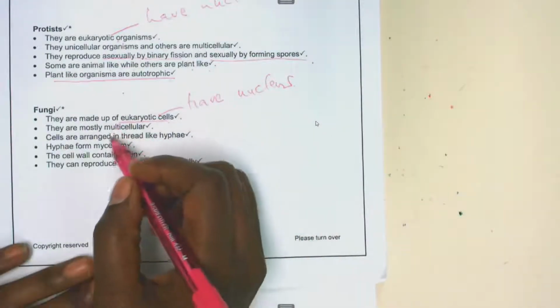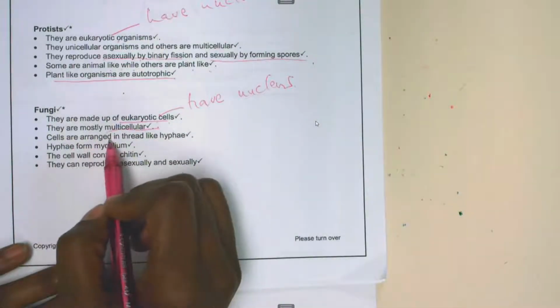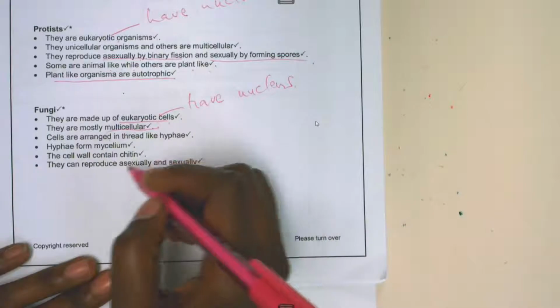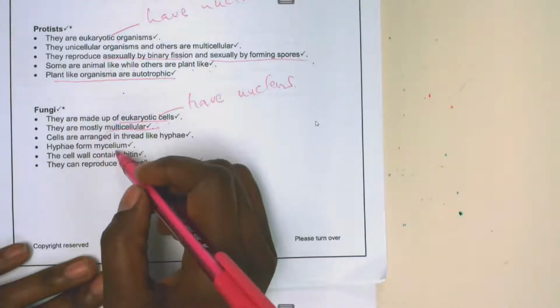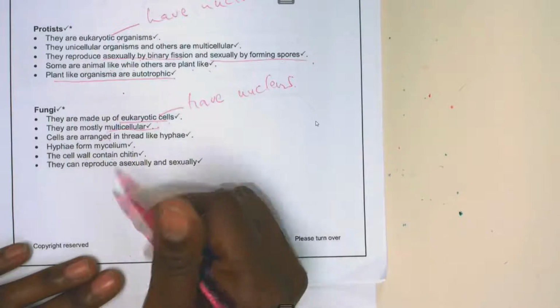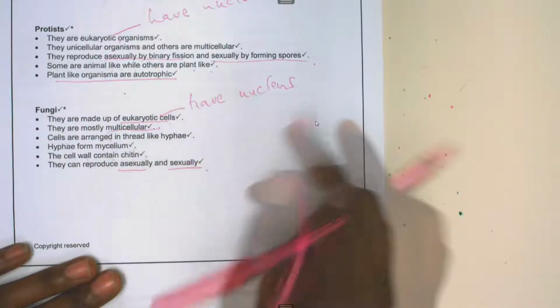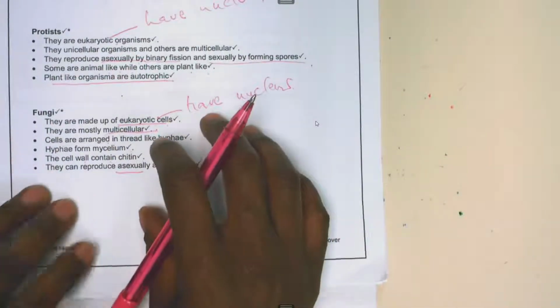They are mostly multicellular, and cells are arranged in thread-like hyphae, and hyphae form the mycelium, and then the cell wall contains chitin, and they can reproduce asexually and sexually. So those are the characteristics of fungi.